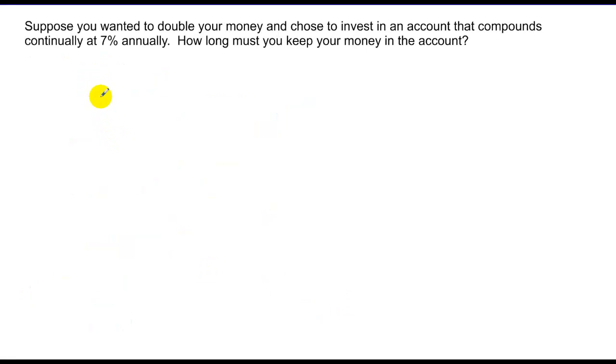So now let's go to an investment where we talk continually compounding. We want to double our money and choose to invest in an account that compounds continuously, in this case, at a 7% annual rate. And how long must we keep the money in? So this is A of t equals P e to the rt.